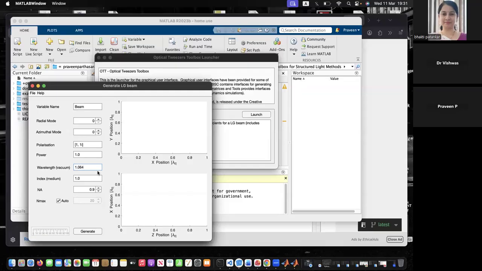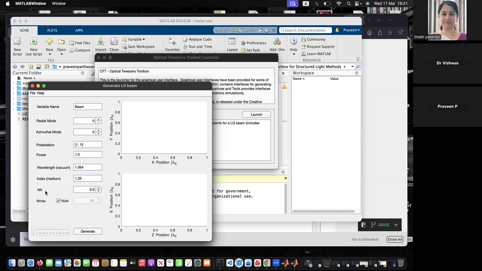That is why 1064 is used, and it is a very popular wavelength. I'm sure the experimentalists in the audience will know this. This is the Nd:YAG laser. So we will set this to 1064 nanometers. Now, the index of the medium: we will set this to be water, 1.33.